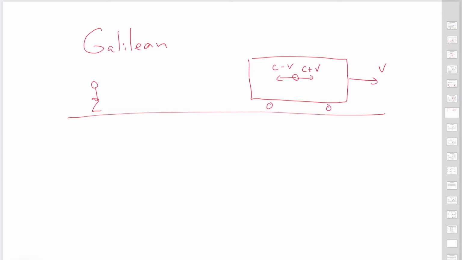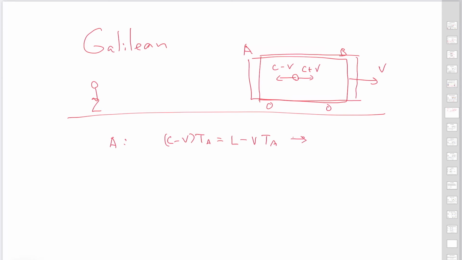Then for wall A, this is wall A, this is (c minus v) times T sub A equals L minus v T sub A, because the train is moving to the right. These are the new positions, as we studied.